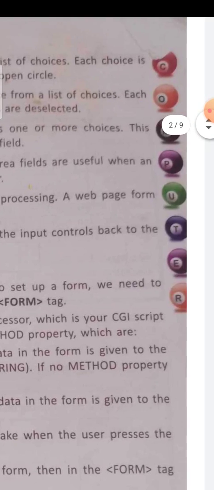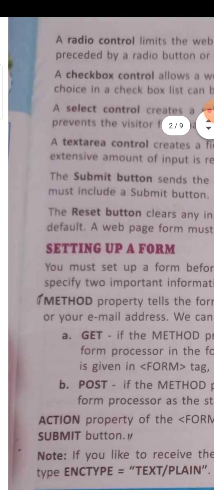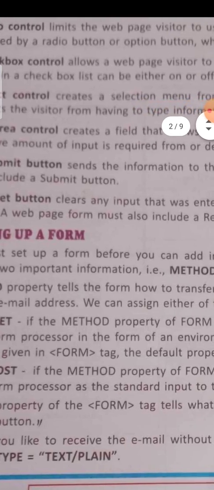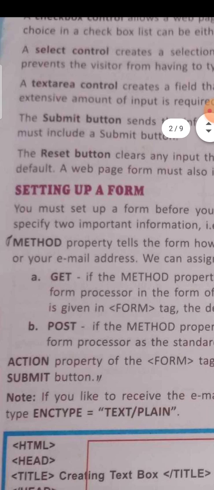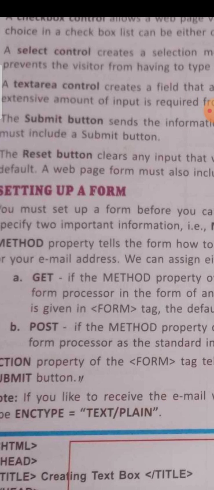And if no method property is given in the form tag, the default is get. So if we don't mention any method attribute, then it is get by default.